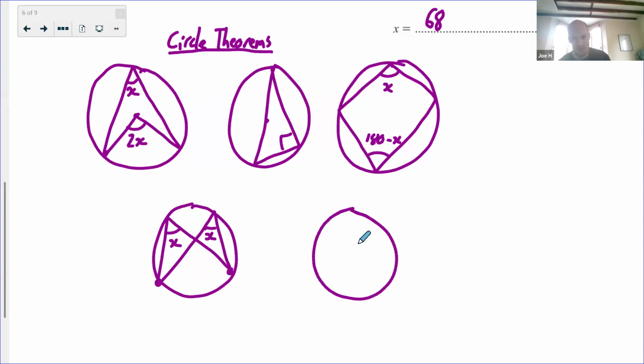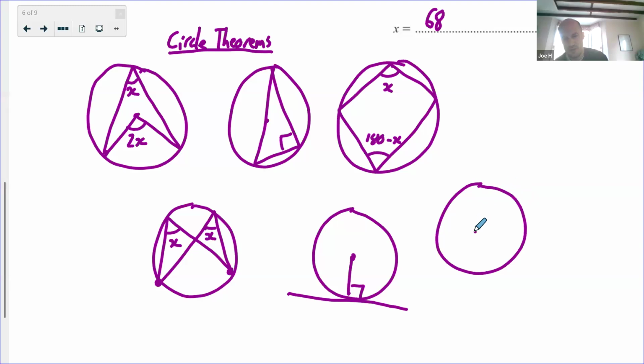If you have a radius that meets a tangent, then that will meet at 90 degrees. And finally, you need to know that if you have two tangents to the same point, that was meant to touch, but never mind, then this is clearly 90 degrees.